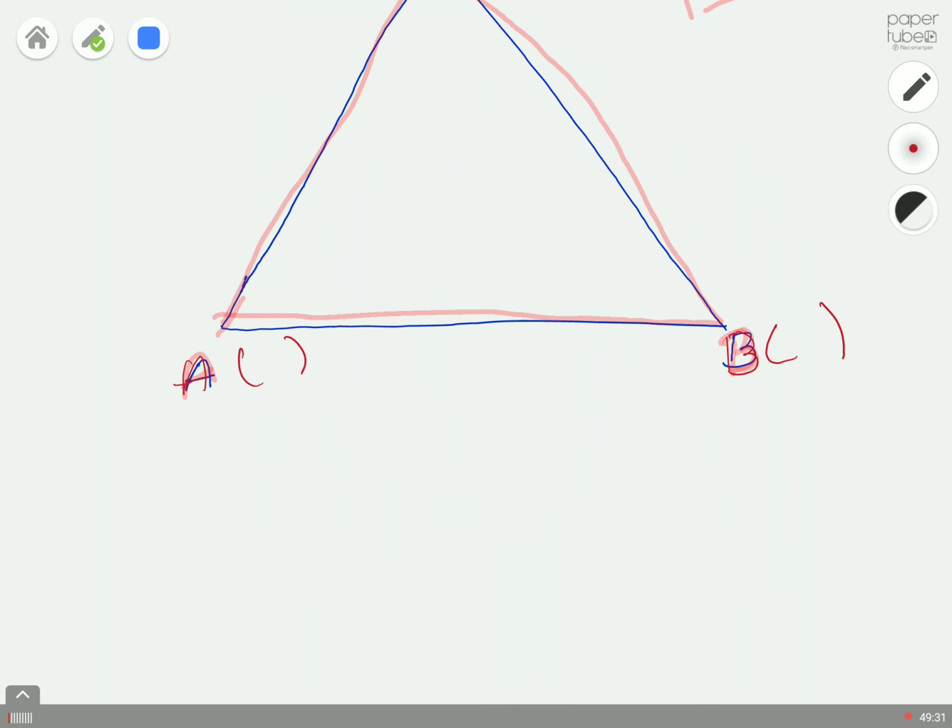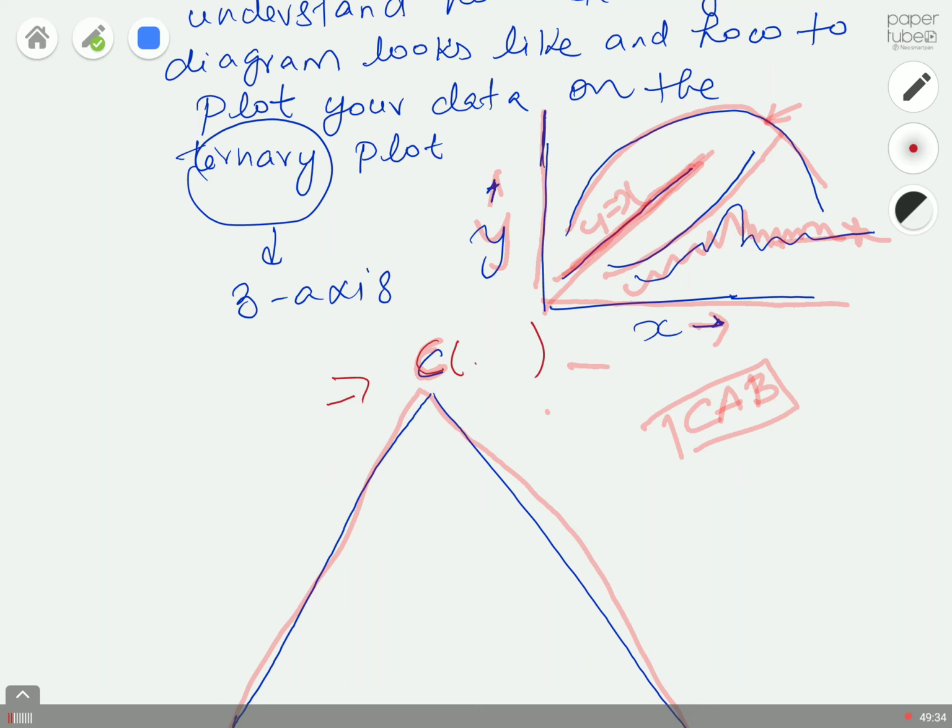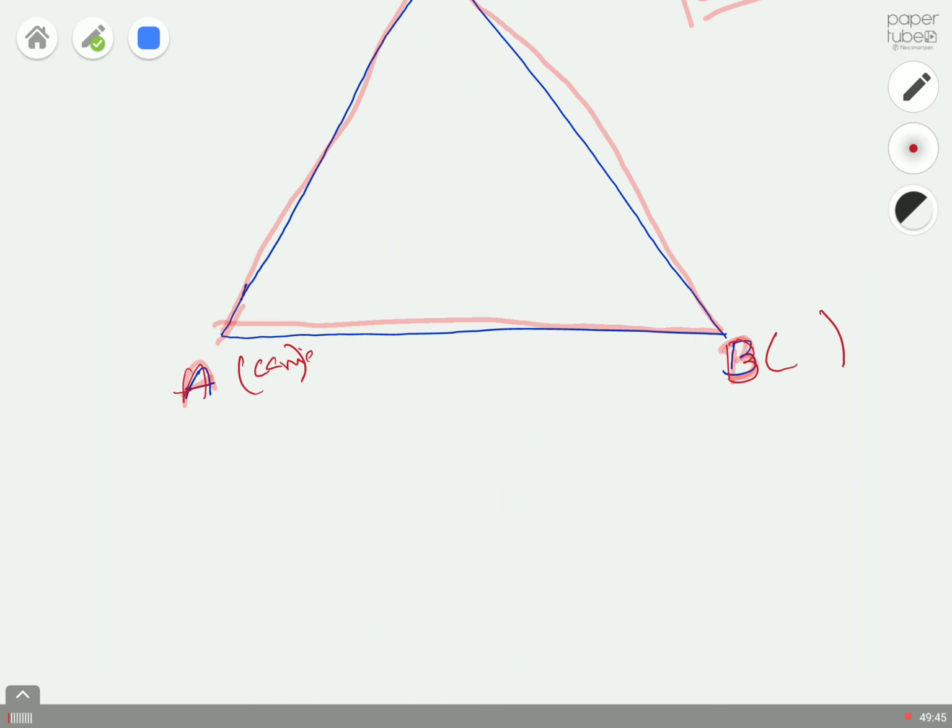No matter what problem I ask in the exam, or even if you solve it in the tutorial, I'm going to stick to this notation. I'm always going to put the C on the top of your triangle. C refers to your solute, A refers to your carrier liquid, and B refers to your solvent, or extracting solvent.